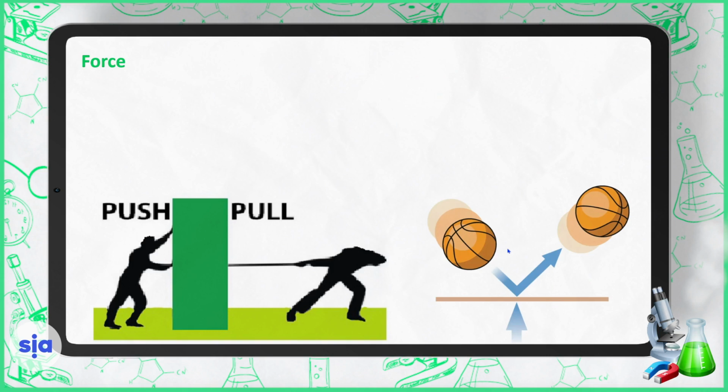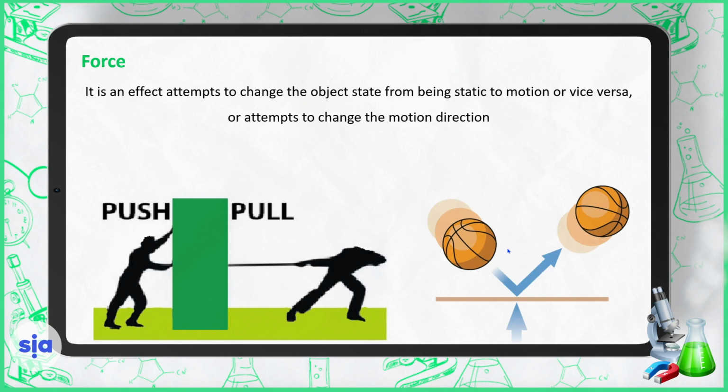But what is force? Force is an attempt to change the object state from being static to motion or vice versa. So either the object is static and we are trying to move it, or the object is moving and we are trying to stop it, or attempts to change the motion direction.